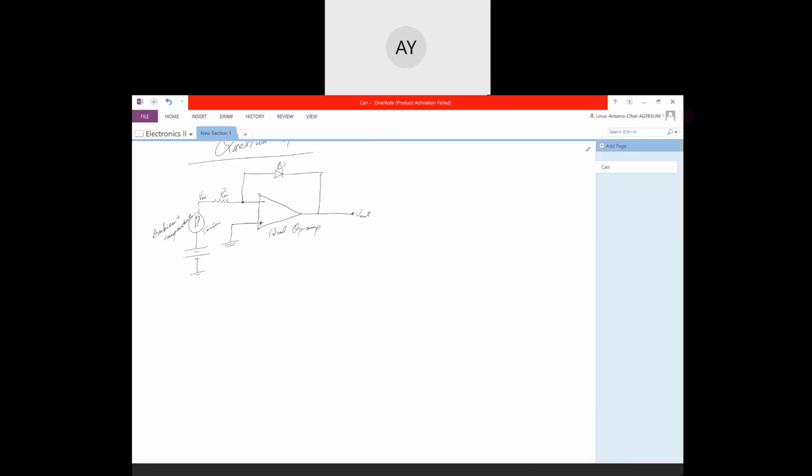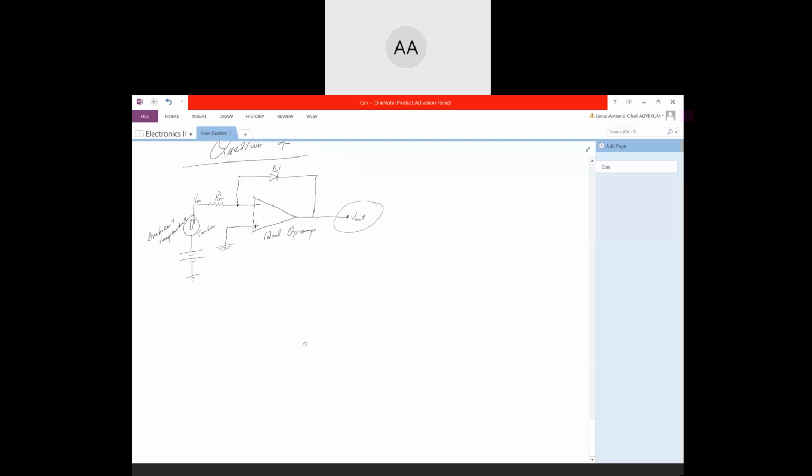Now, the question is saying that we should find an expression for the output voltage, which is this, as a function of the input voltage, which is V in.